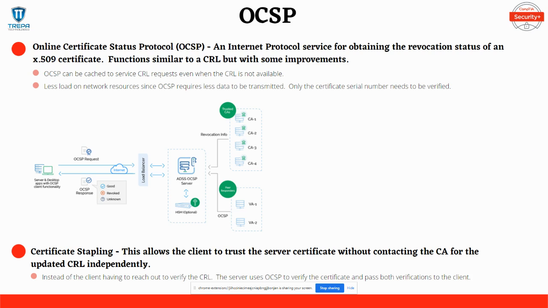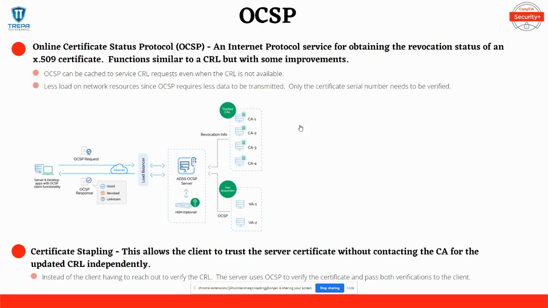The online certificate status protocol is used for obtaining the revocation status of a certificate. OCSP is less resource intensive and quicker than using a certificate revocation list to check the validity of certificates. OCSP can also be cached to service certificate revocation list requests when the CRL is not available.